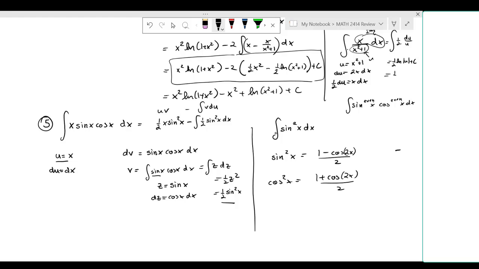You might need to use it over and over. In this case, it's simple enough. We have sine squared, so we know that's equivalent to half minus a half of cosine double the angle. So it's a trade-off, right? You reduce the power, but you have to double the angle.